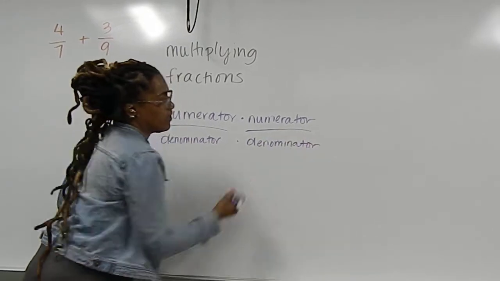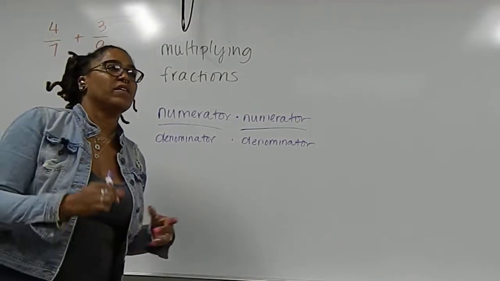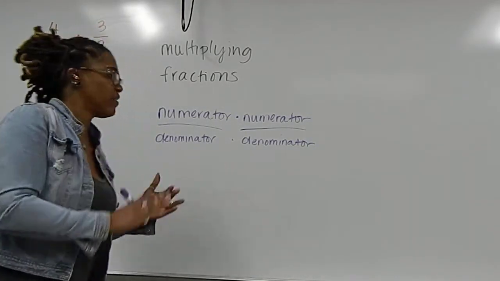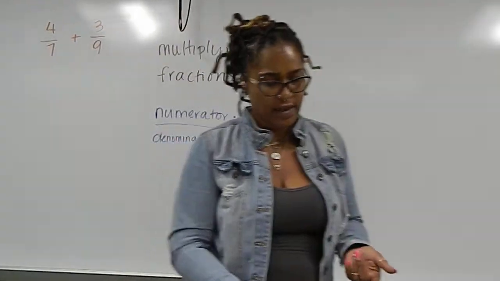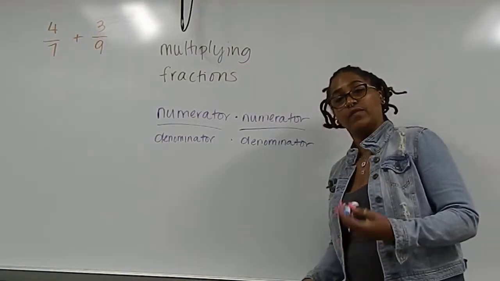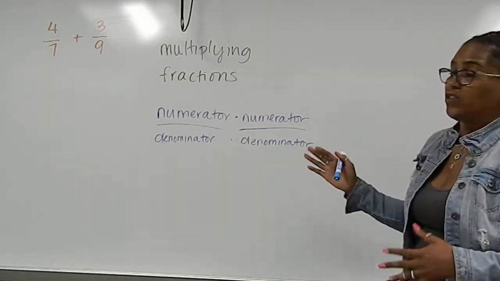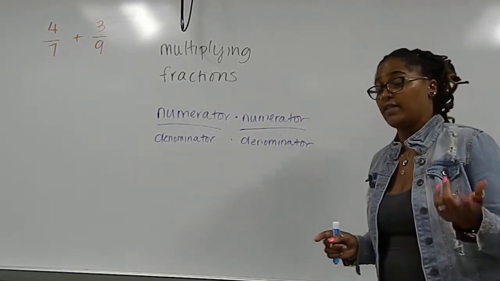And the cool thing is, when you're multiplying fractions, that's where you get that reduce. I know everybody's like, oh, reduce, reduce, reduce, but it's only when you're multiplying, and I guess dividing fractions as well, since multiplying and dividing are inverses of each other. But that's when you get to reduce ahead of time, not when you're adding and subtracting.